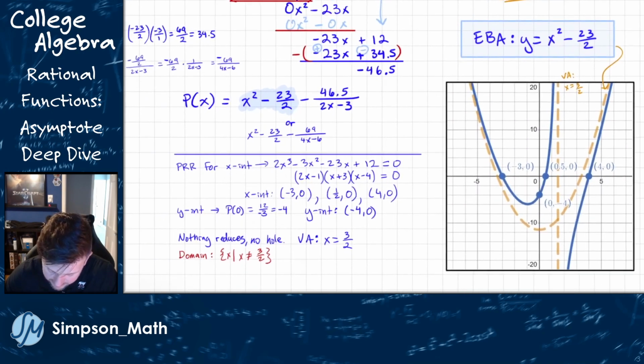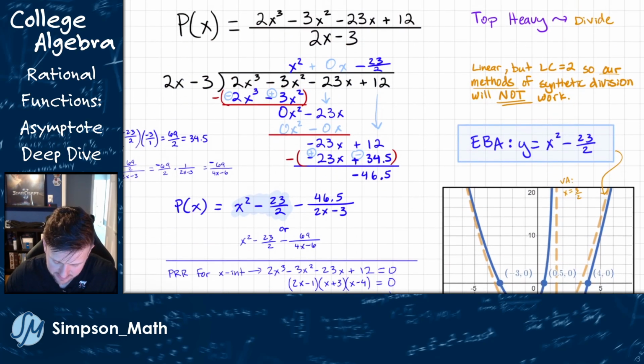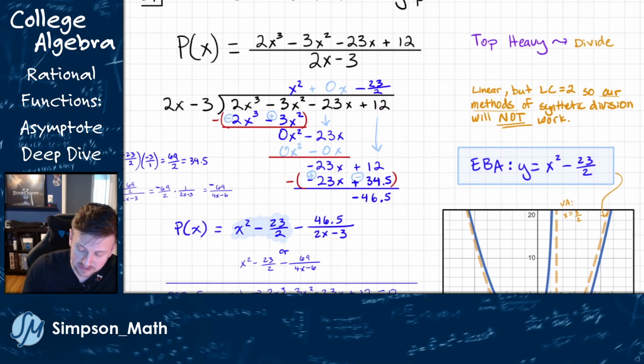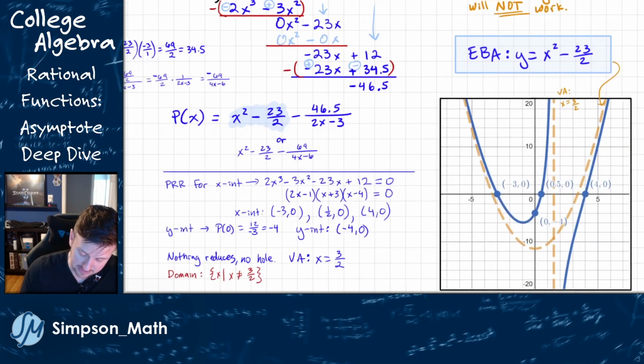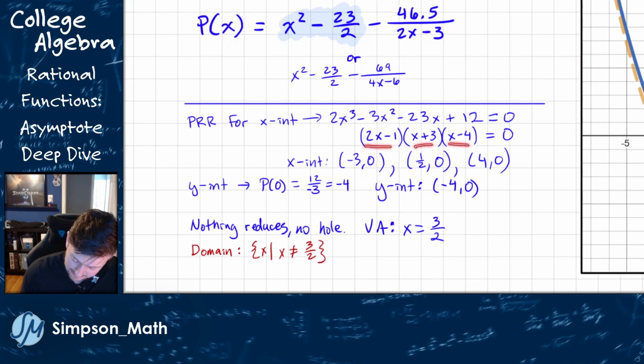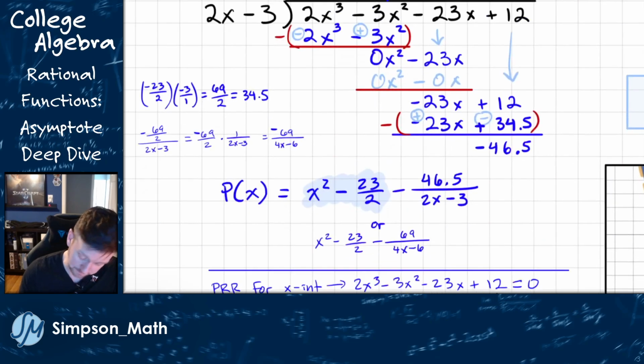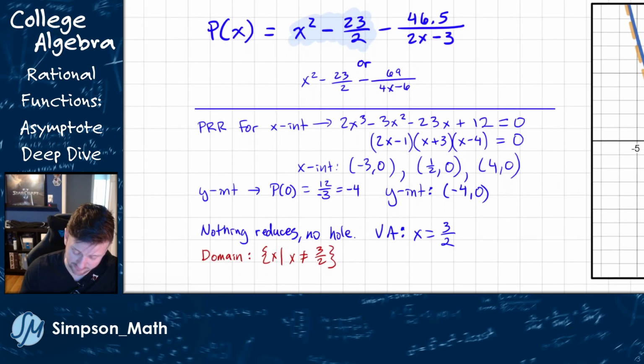Let's look at some of the other things we have going on. We would have a vertical asymptote at x equals 3 halves. We would formally need to check to see if this factors, to see if anything reduces, and I do that here. I show how this does factor. This is a 2x minus 1, not a 2x minus 3. So nothing reduces, so we have no holes.